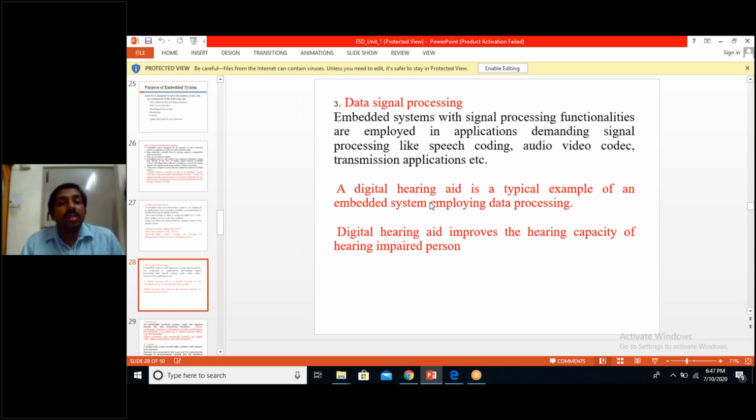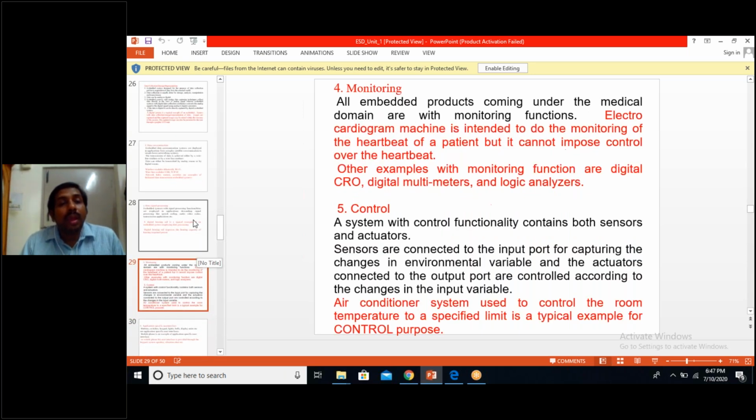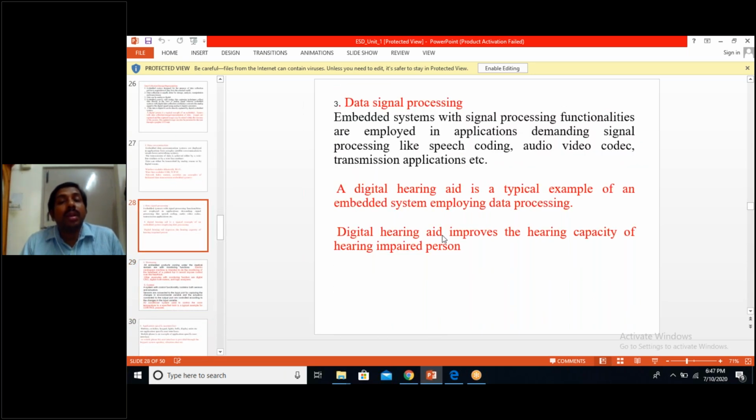It is boosted up. The electrical signal is boosted up, and it is sent to the ears. Like that, a person who is unable to hear, with the help of digital hearing aid, solves the problem of hearing, and with the help of that, he can improve the hearing capacity.